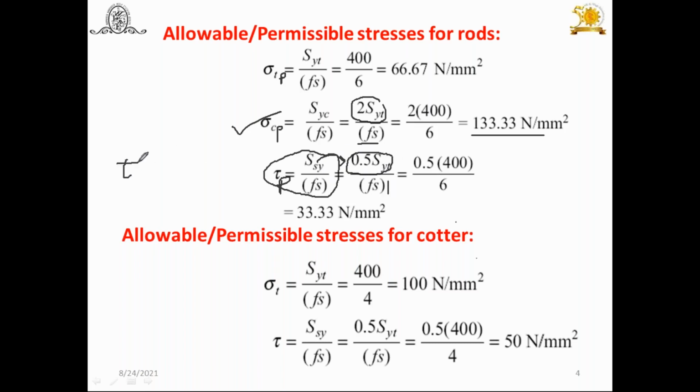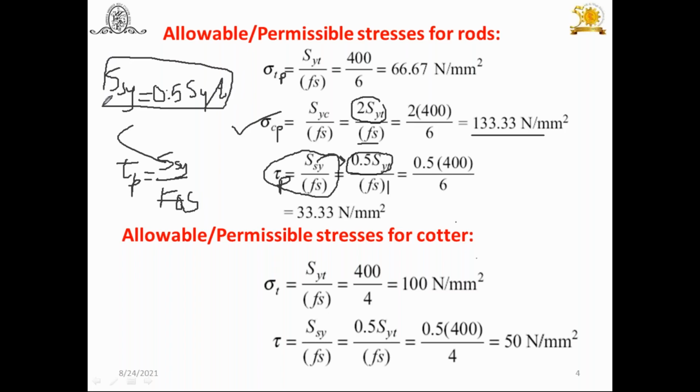So tau permissible is equal to SSY upon FOS. Remember this equation, you might have used it in SOM also. SSY is equal to 0.5 SYT, according to maximum shear stress theory.